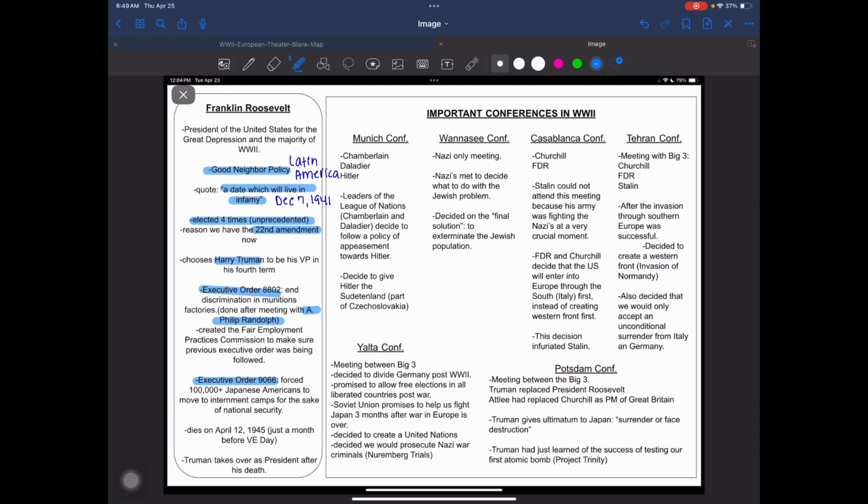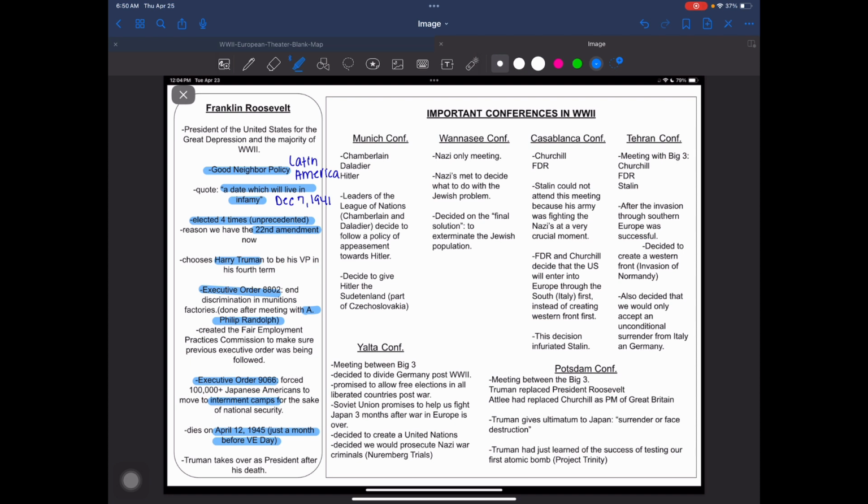And we are going to, out of a military necessity, need to remove them from our West Coast and put them in internment camps, which you can think of as being like prison. And he will die on April 12th, 1945, which is just a month shy before we win the war in Europe.